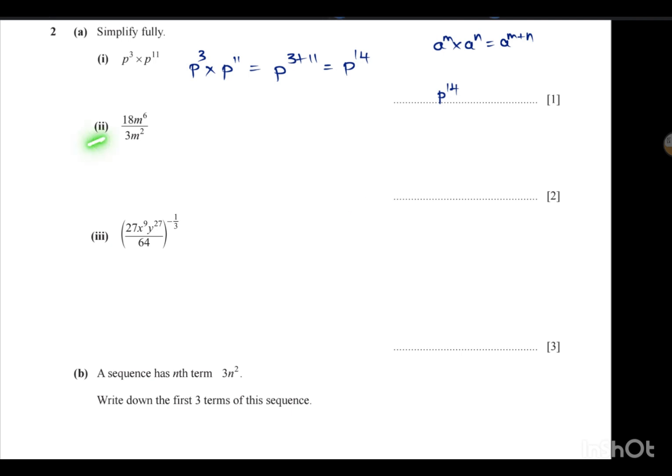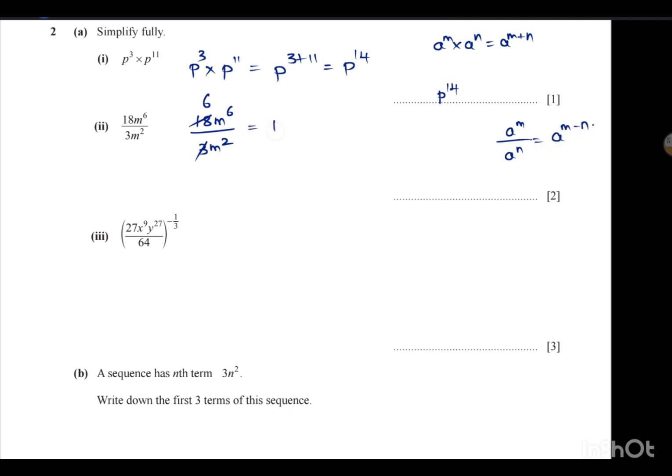Question number 2. 18 m raised to 6 by 3 m raised to 2. Do this also. 18 m raised to 6 by 3 m raised to 2. 3 times 6 is 18. You can just cancel out, and this is in the form of a raised to m by a raised to n, which can be done by doing a raised to m minus n.